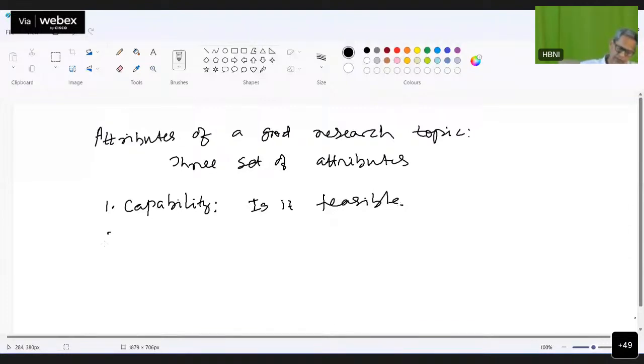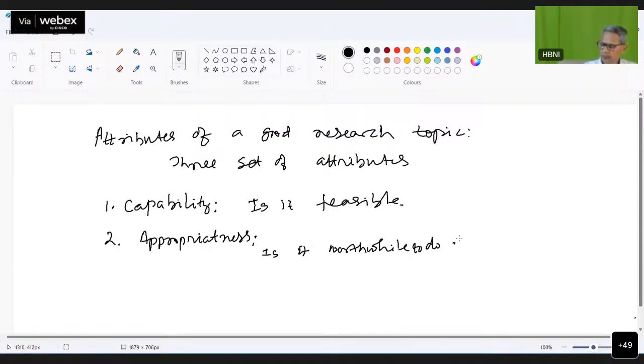The second one is appropriateness. Is it worthwhile to do it? You have to make sure yourself. You have to answer this question: is it worthwhile to do it? Is it new, what topic you are going to take?